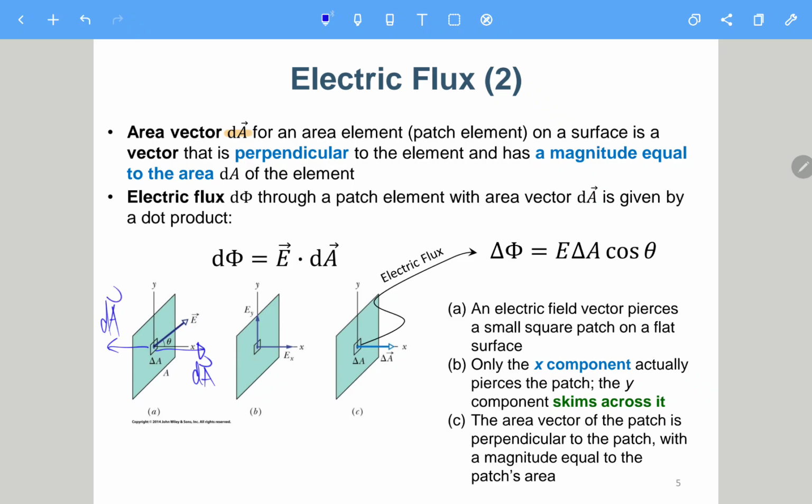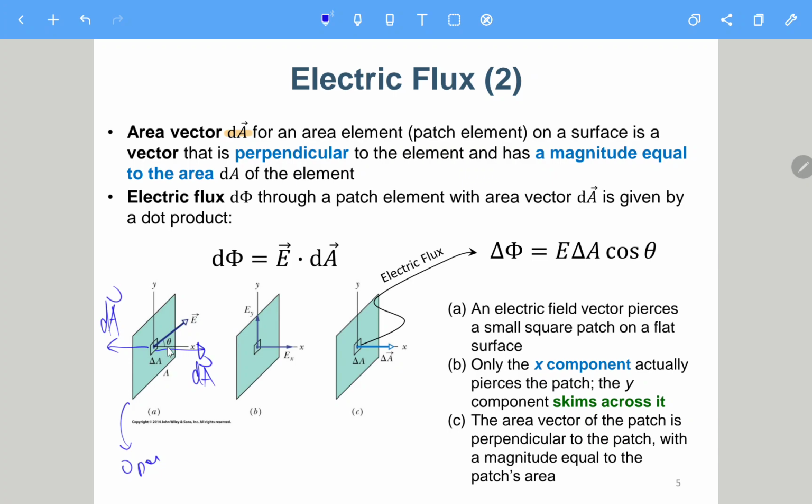So for an open surface, this is a plane, so this is not closed. But later on, for a closed surface, we need to pick one, and I'll tell you which one we need to pick. For an open surface, we cannot distinguish left or right. It's just up to your definition. You can choose dA to point to the left side or to the right side.